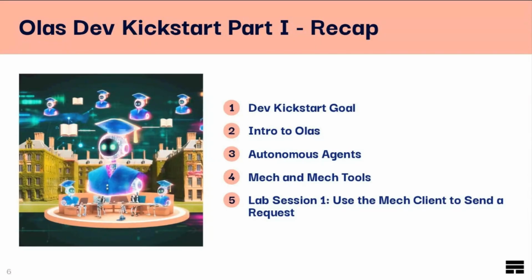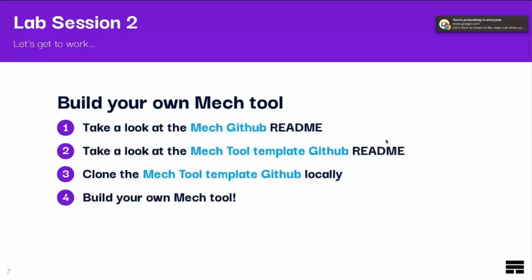And we had this lab session number 1, where we sent a Mech request using the Mech client. And today, we are going to build our own Mech tool, and we will be able to test it locally. And we will also learn how we can integrate it with the Mech agent.